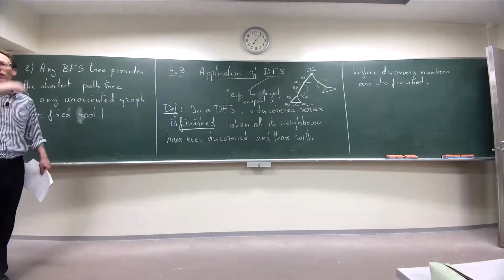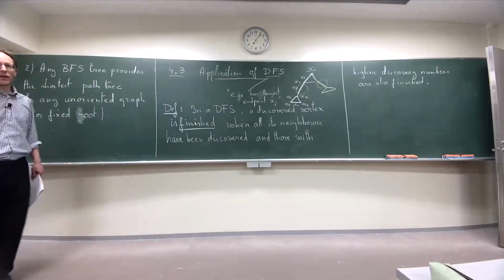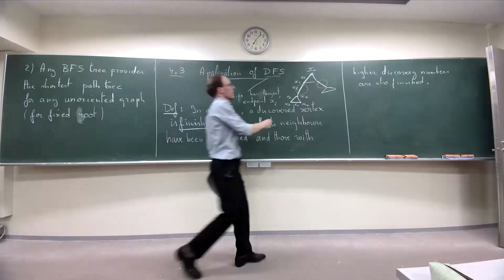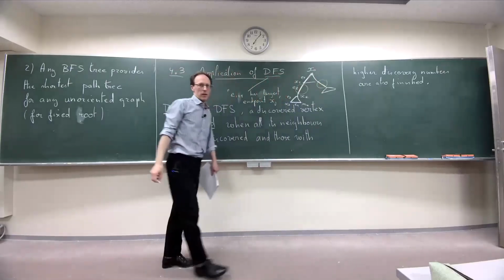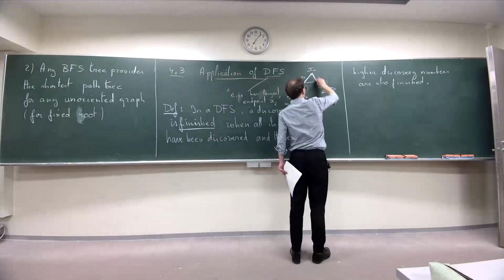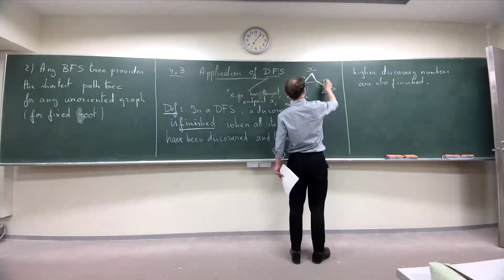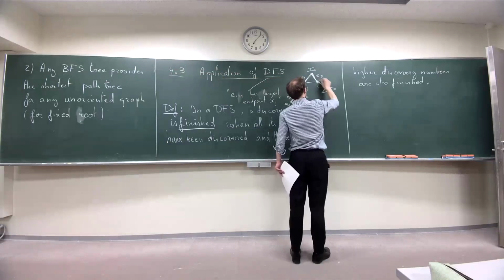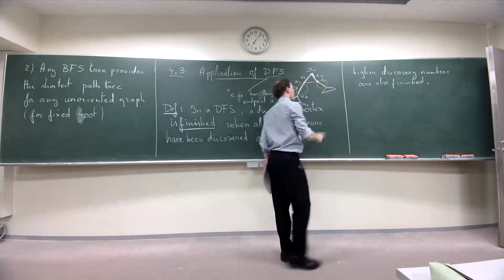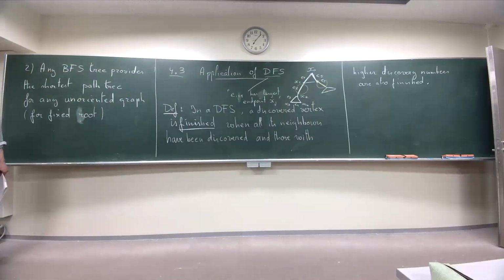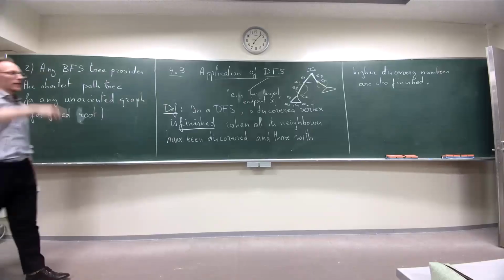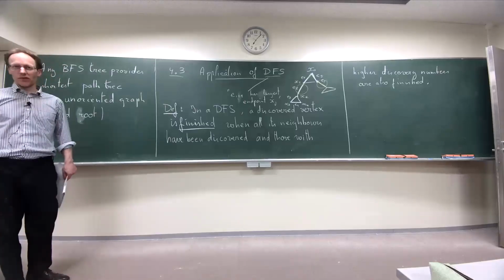So it's when you cannot move further. On the other hand, x0 now is not finished. So you can go here, and this would be E5, and you can continue. So on an example, it's rather easy to understand finished or not finished. It means you cannot go further, and the ones with a higher discovery number are themselves finished.